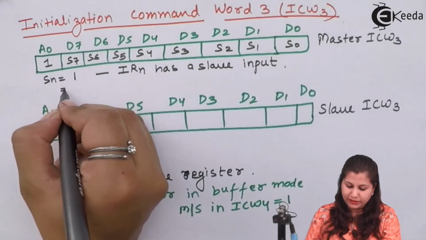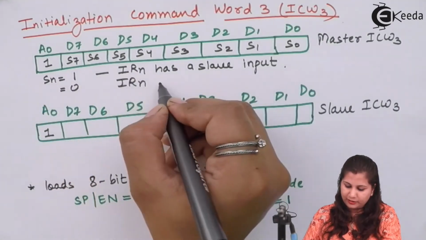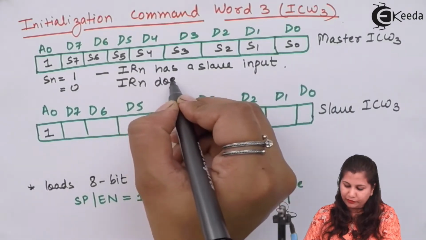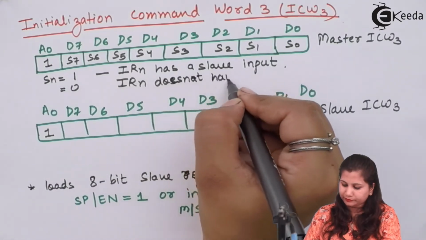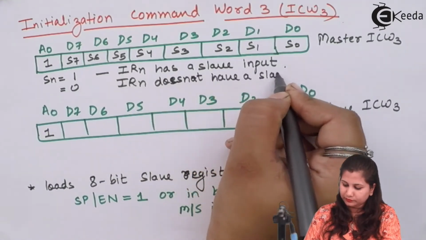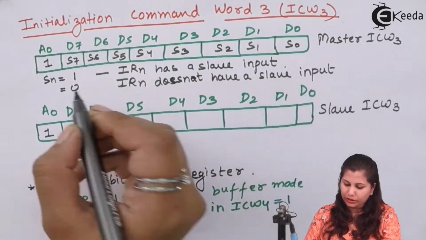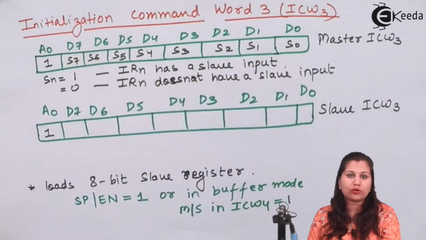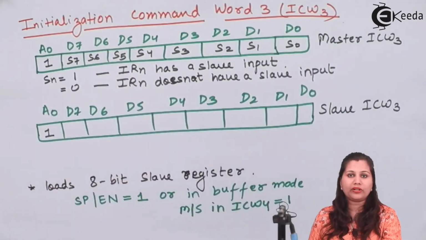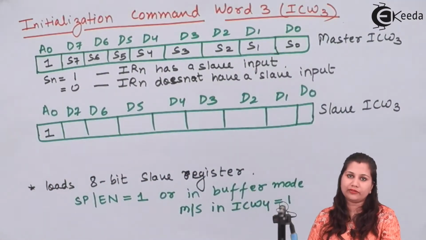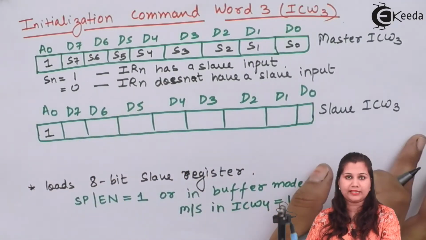And if this bit is 0, it means that the IRN does not have a slave input. So these 8 bits of this master ICW3 are used to set or reset the bits of the slave register. Okay, now let's come to this slave ICW3.